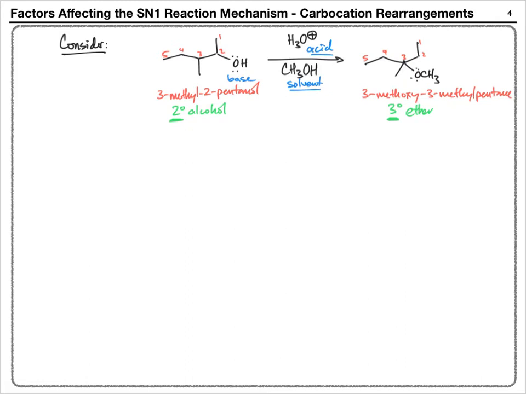So let me just start writing this down here just to clear things up a smidge. So a base abstracts a hydrogen, right? So we have the hydronium. We're protonating. So we have an acid-base reaction. So I'm showing equilibrium arrows. That means the equilibrium is happening very fast.